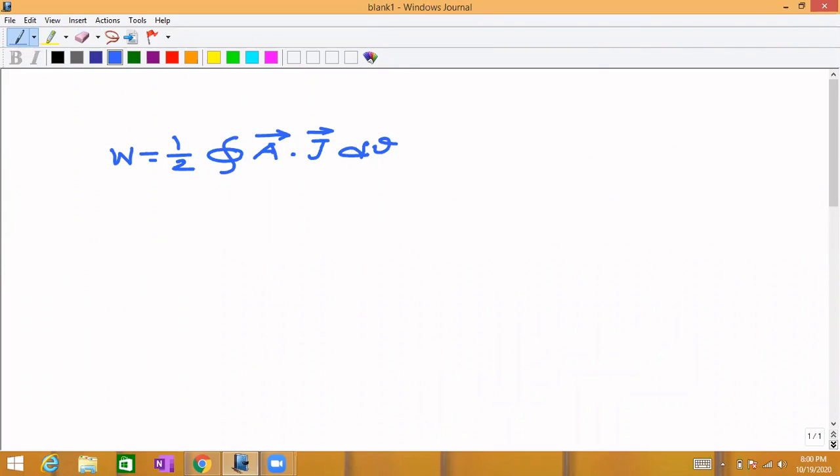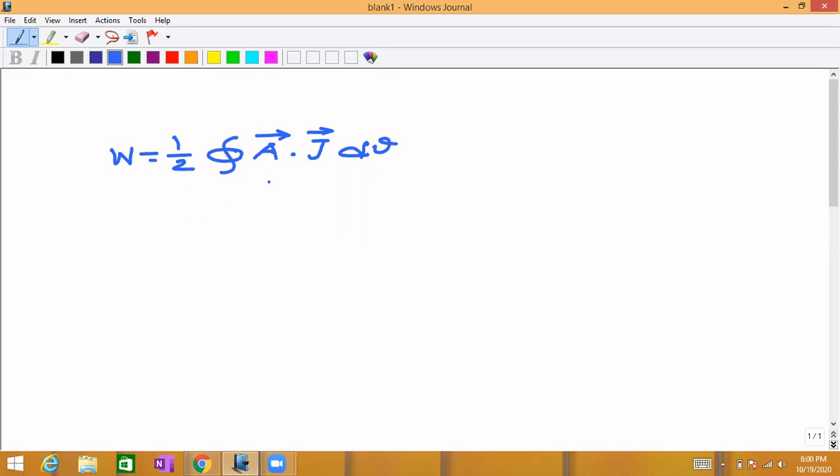Have you got the Ampere's law? Are you getting the Ampere's circuital law? Yes, sir. Do you know the vector representation of Ampere's circuital law? Okay, that Ampere's law gives us a very important relation.